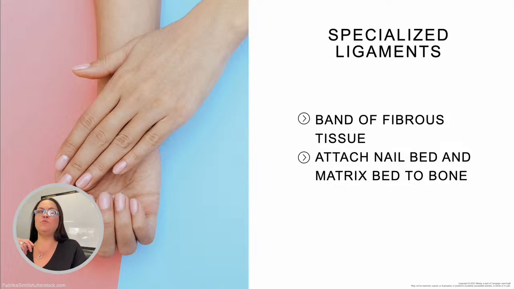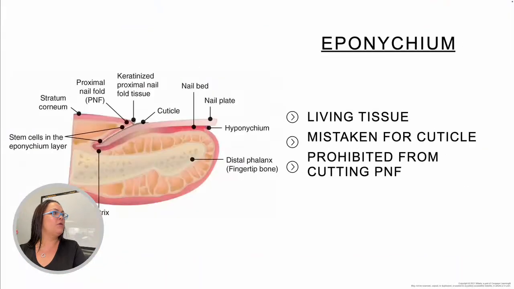And I promise you, you're probably not going to have a nail after that. But that is attached directly to the underlying bone located at the base of the matrix. If you look at the picture here, you see that the matrix damn near touches the bone, and that's how it's held in by those specialized ligaments, okay?